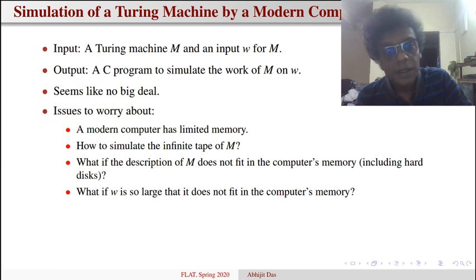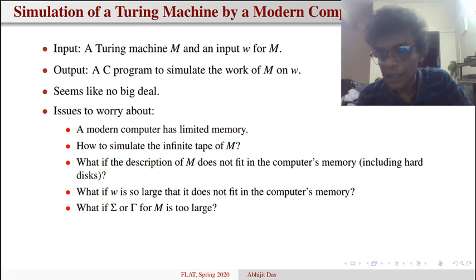There is no limit how large W can be, right? And also we may have the tape alphabet or input alphabet of M too large to handle. We are typically used to handle something like ASCII based 8-bit character sets, and we can also talk about 64-bit Unicode fonts for storing different symbols, but the tape alphabet may be much, much larger than that.